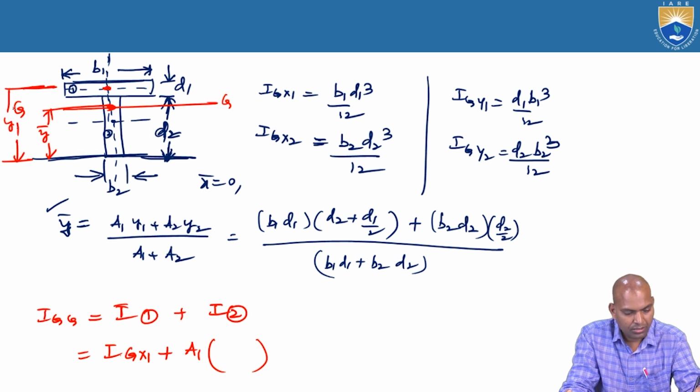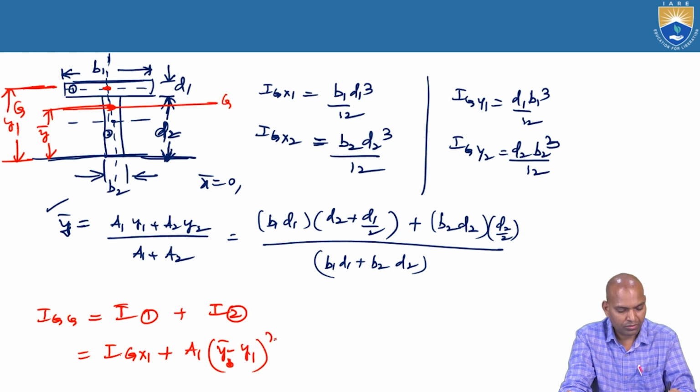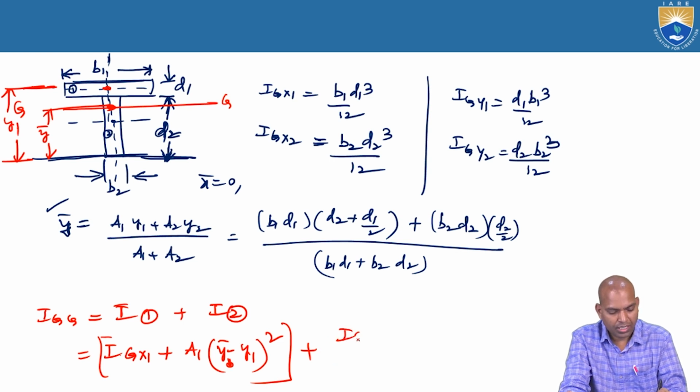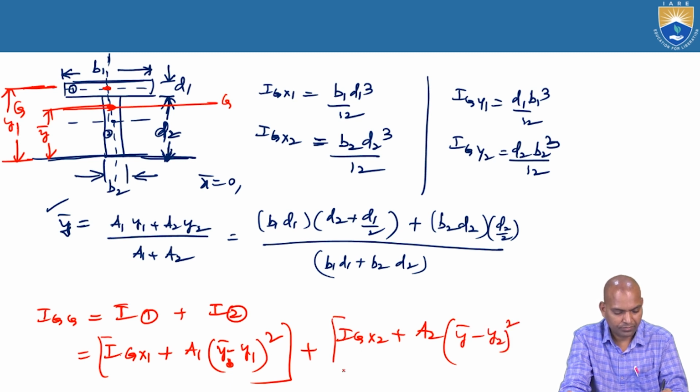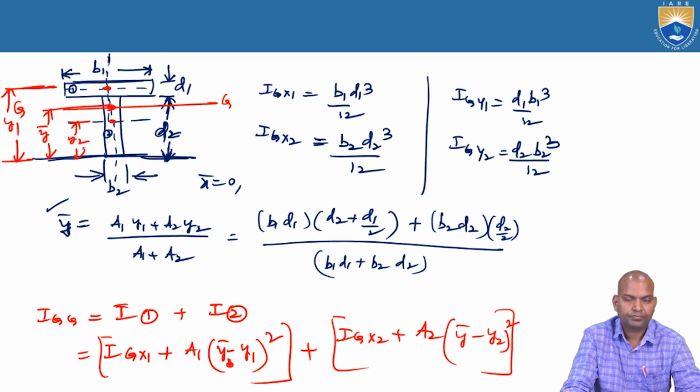So that is y bar minus y1, you can make it y bar minus y1, no problem, whole square. Next, what about I2? IG x2 plus A2 times y bar minus y2 whole square. Now this is another one, this is y2.